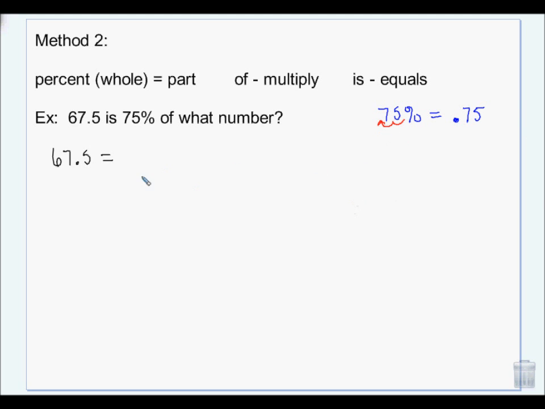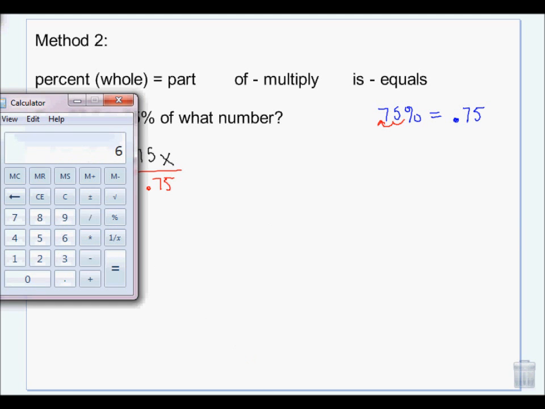So 0.75 times, I don't know what number this is, so that's x. It could be that my x is over here, or here, but it's percent times whole equals part. So now I can divide both sides by 0.75. So I get x is equal to 90.